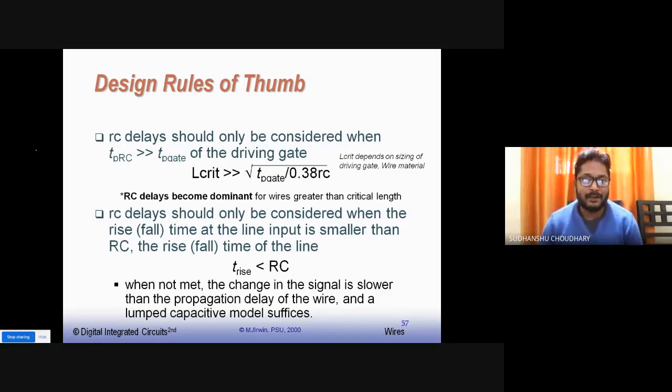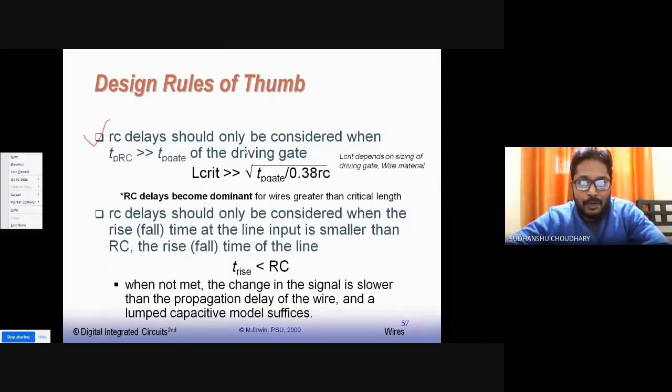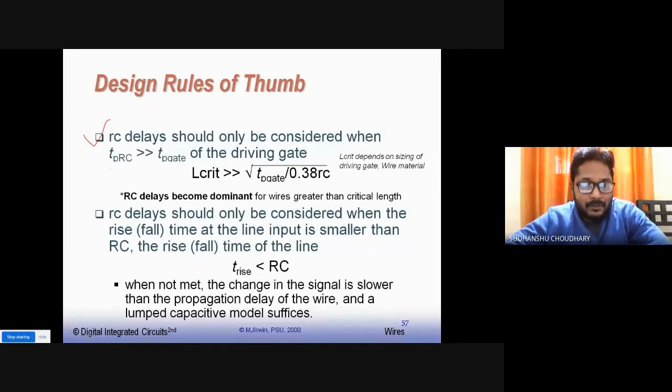Now let us talk about the design rules of thumb. What could be the design rules for designing an interconnect or wire? Rule number 1 says RC delay should only be considered when the propagation delay of the line is much greater than the propagation delay of the gate.